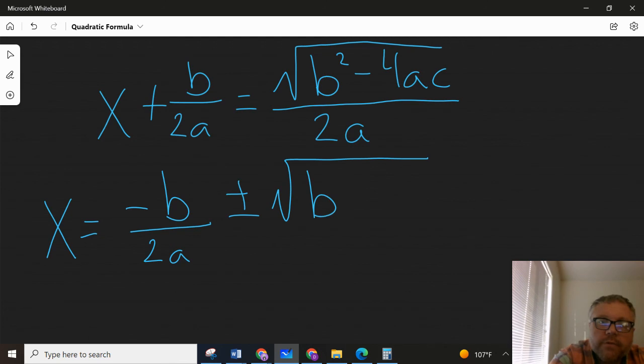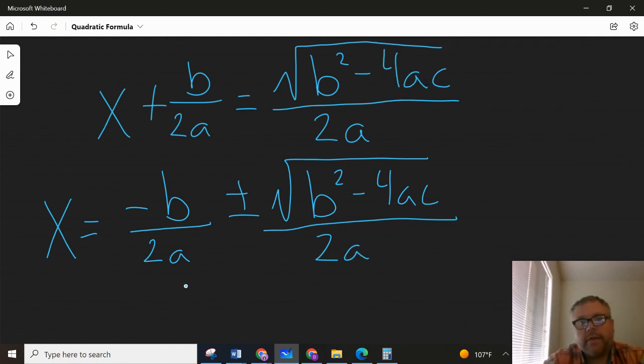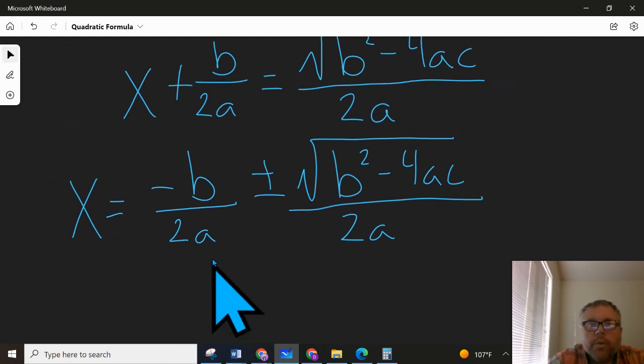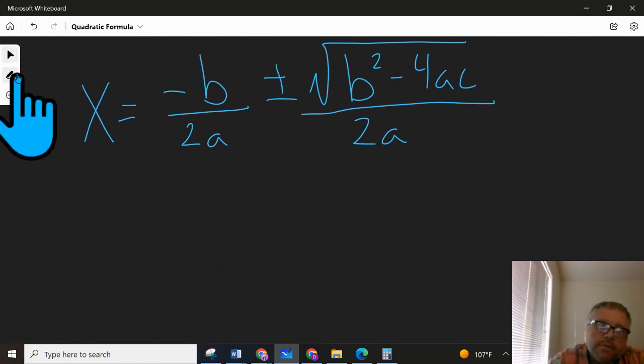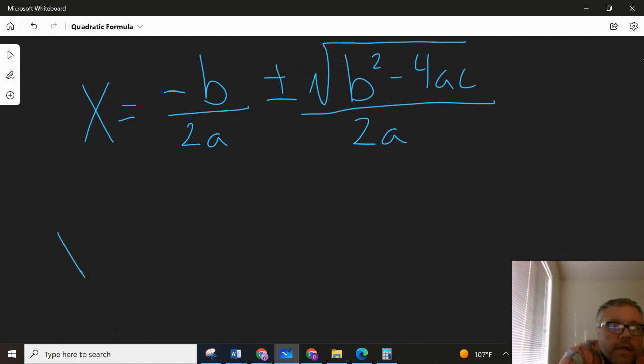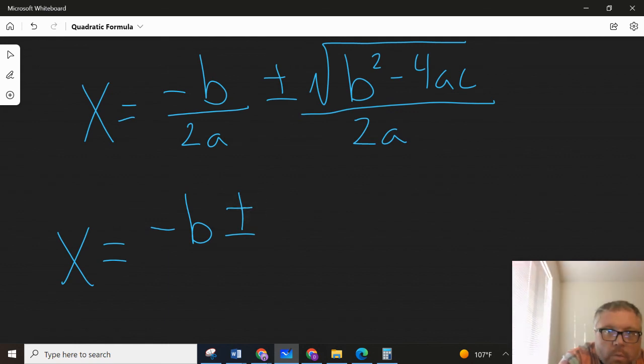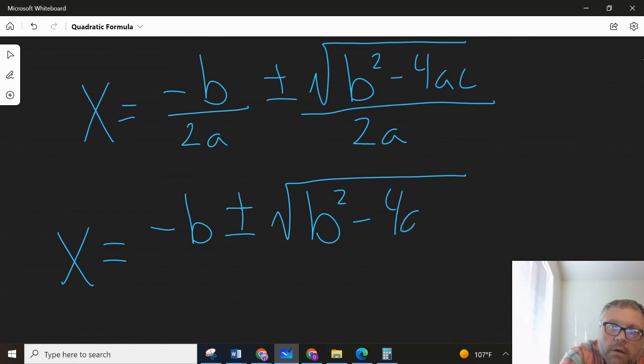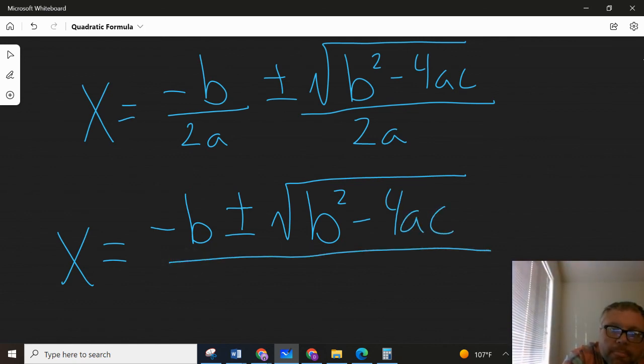The square root of b squared minus 4ac over 2a. So my right-hand side is two terms, and both these terms have the same denominator. So let's just go ahead and combine them so it's nice and pretty, because both the negative b and my square root here is being divided by 2a.